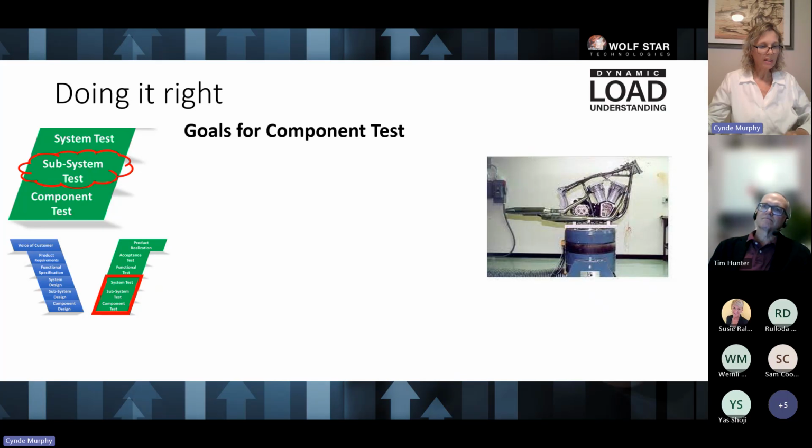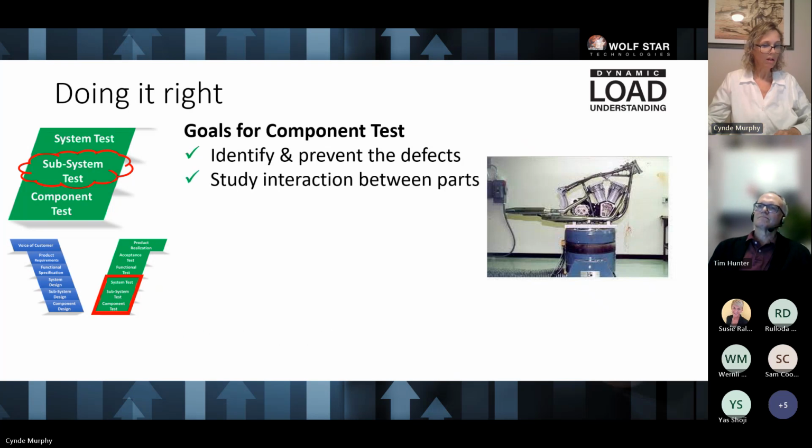As with the component test, the main purpose is to identify failures and prevent failures. The advantage with a subsystem is to be able to test multiple parts that are included in the full vehicle. Another goal is to be able to study interaction between parts. Everything in the subassembly can be a candidate for evaluation.